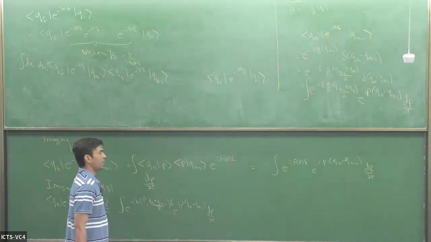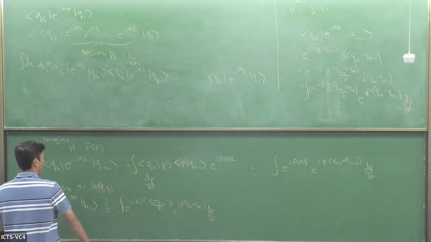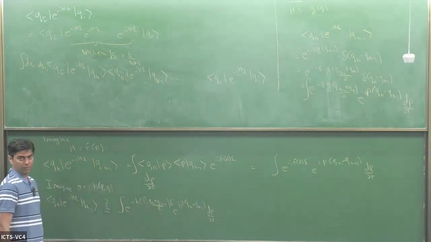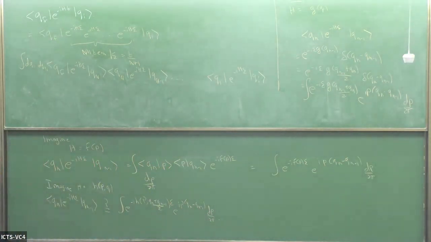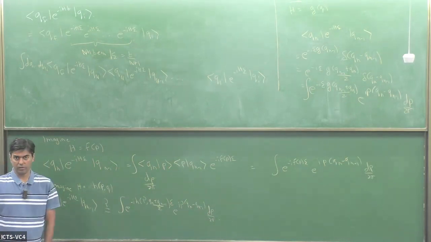Remember, in every case the term which has the Hamiltonian gets multiplied with epsilon. Is this a true equation? Can you think about it? Is it true that this always works this way?